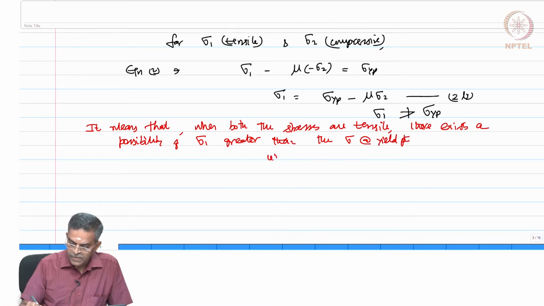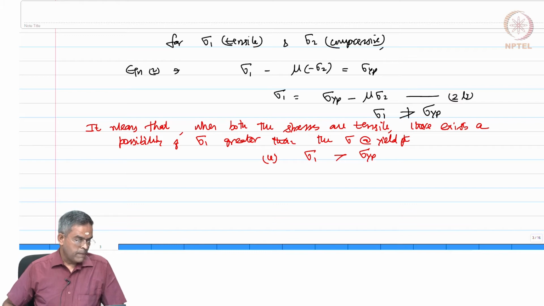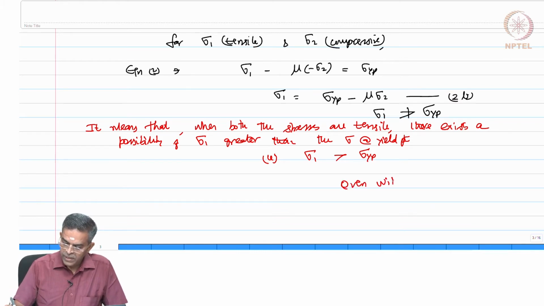That is, sigma 1 even exceeds sigma yp, even without causing yielding in the material.